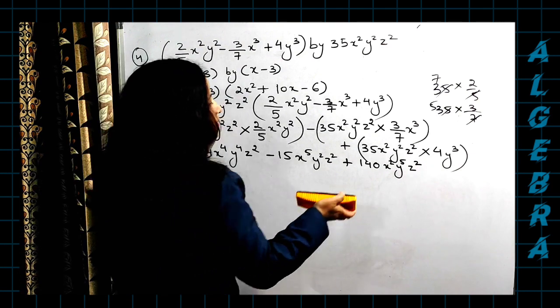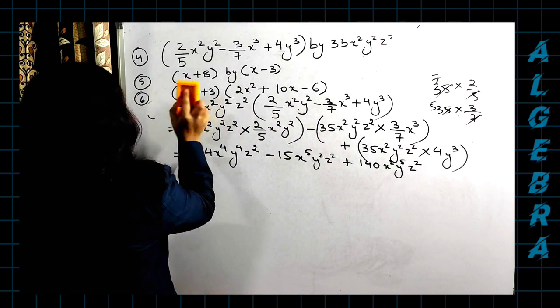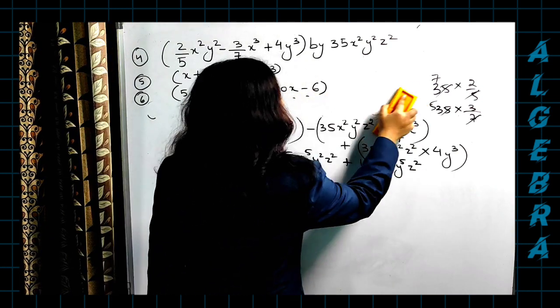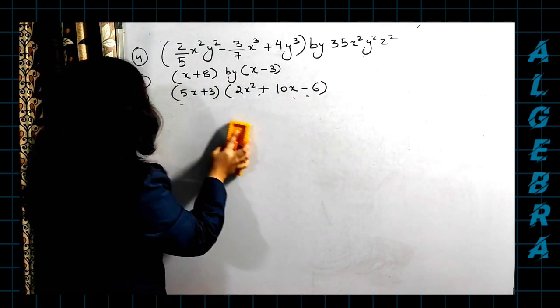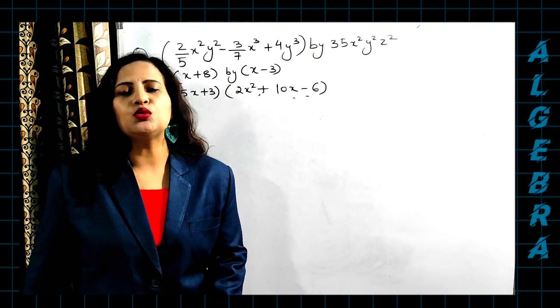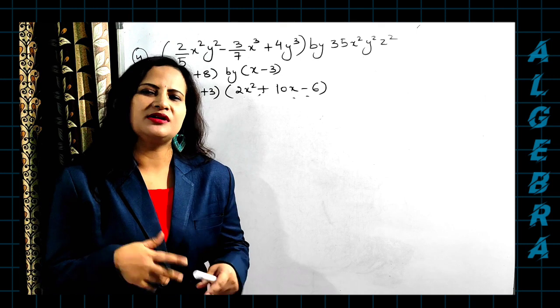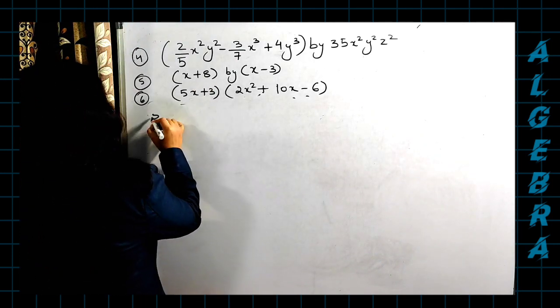Don't worry. So now let's come to the second number. In the second number we have two binomials. Till now we have done one monomial with binomial, trinomial, but now you have two. Please see it carefully, this you must be doing for the first time.